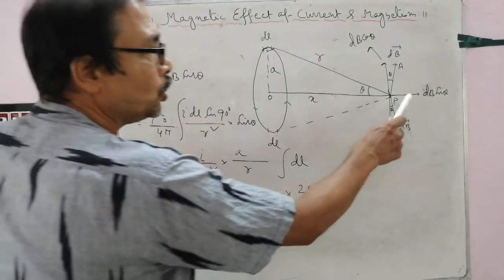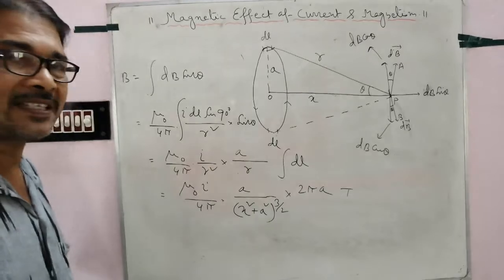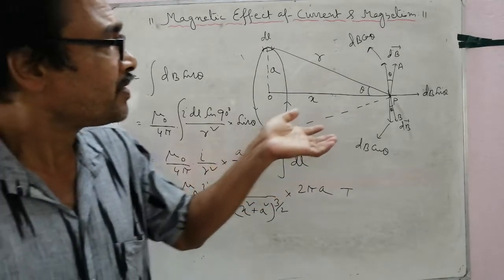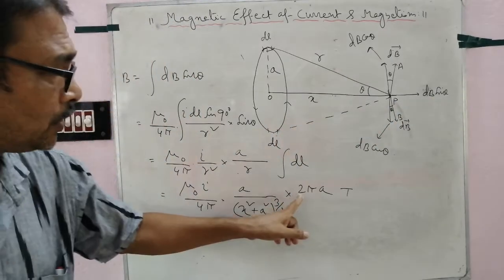Of course, dB plus dB sin theta, that is 2 dB sin theta. I take only dB sin theta, that is 2 pi a.